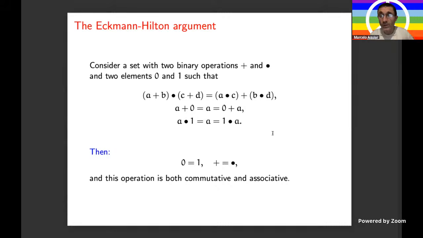Whenever you're dealing with such an object, one set with two operations satisfying these axioms, then it follows that the operations coincide. The unit elements also coincide, and the operation is both commutative and associative. All of that follows from those simple axioms. This is a simple exercise that one can do in an introductory algebra course.